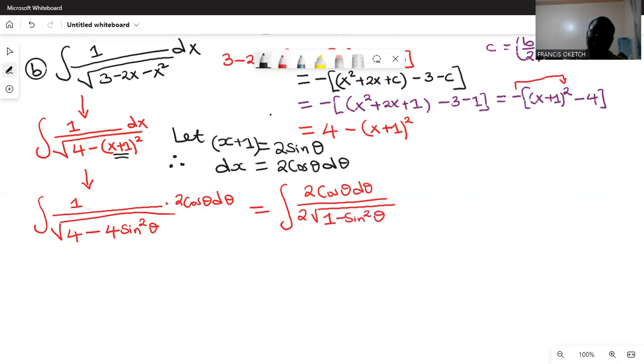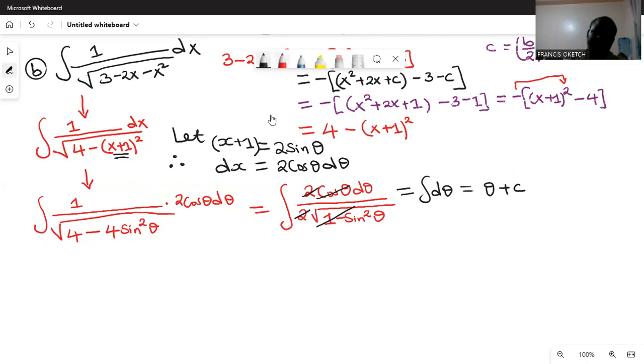Now, you see 2 will cancel with the 2. And I also told you that 1 minus sine squared theta is the same as cos squared theta. So when you take the square root of that, you get cos theta. So the whole of this will cancel with cos theta. So we finally remain with just the integral of d theta, which will give you theta plus c.